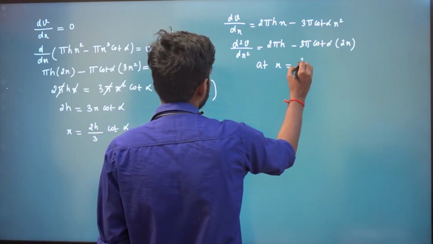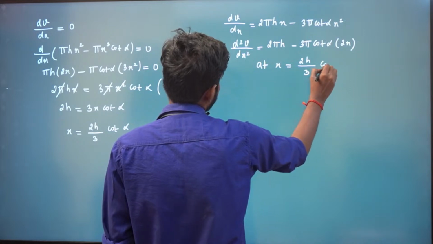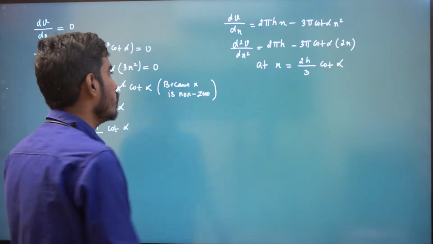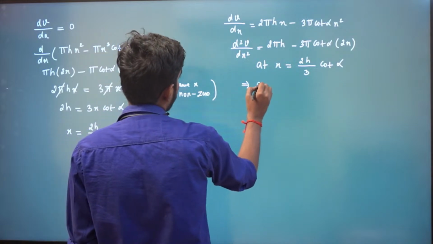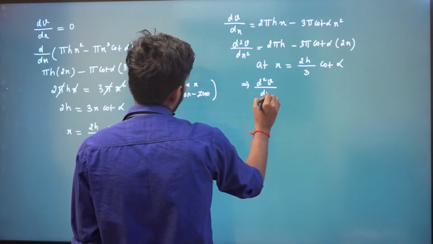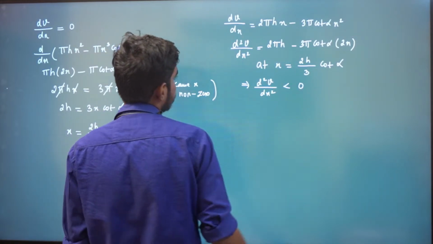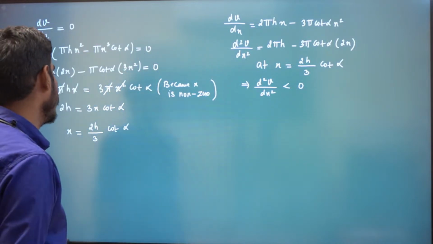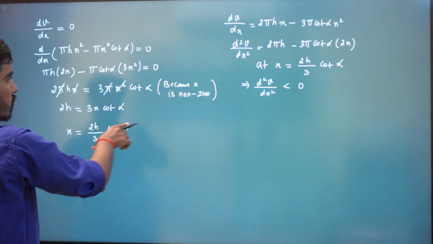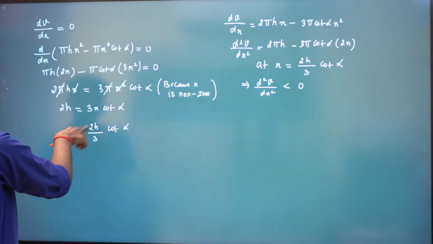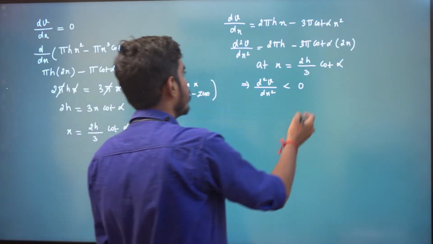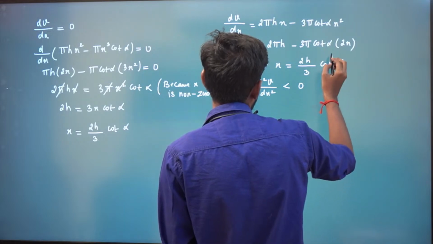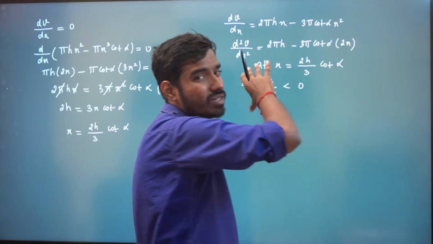So at x is equal to 2h by 3 cot alpha, you substitute here, and we see that d square V by dx square will be less than 0. Or else you can substitute cot alpha to be 3x by 2h, so that you will have everything in terms of h.